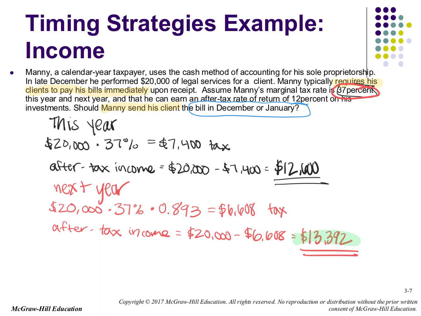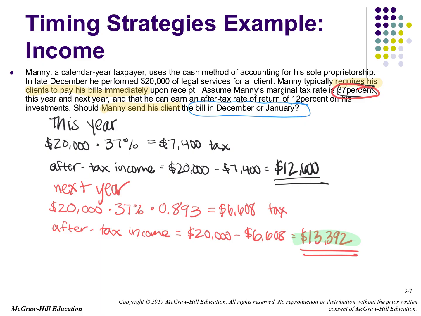And the reason why, we can look at it a couple different ways. If we compare this year to next year, the tax amount next year is lower. So, of course, we would want to pay less in taxes if we're able to.